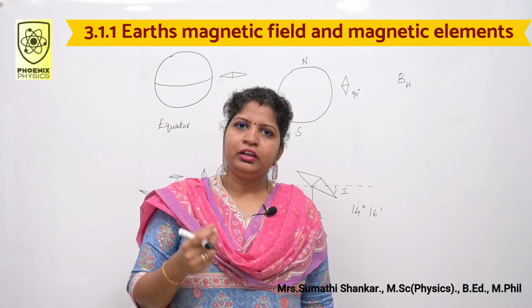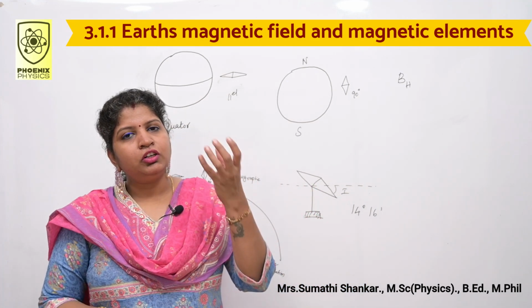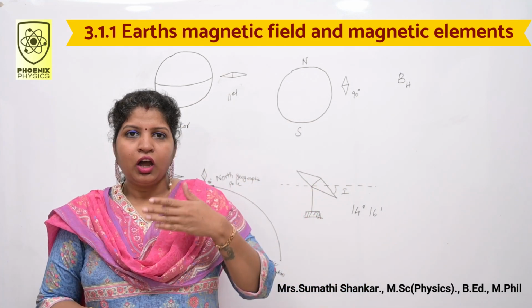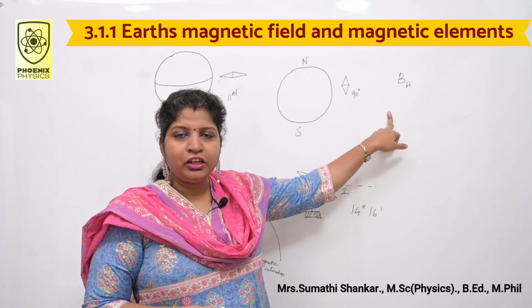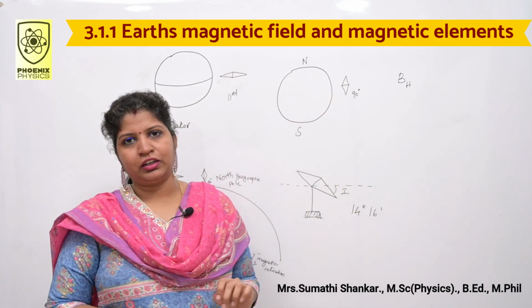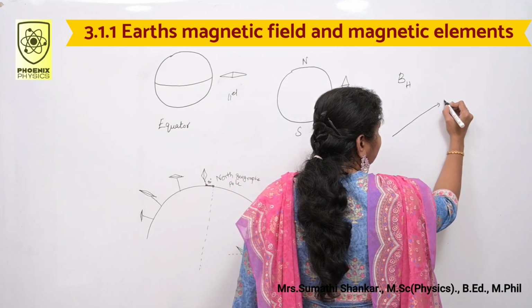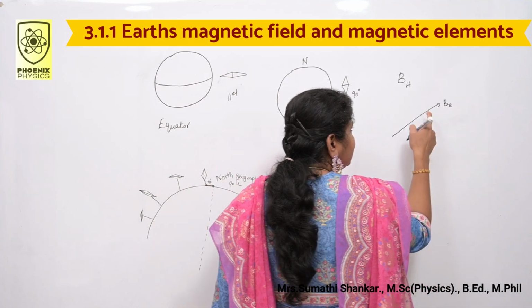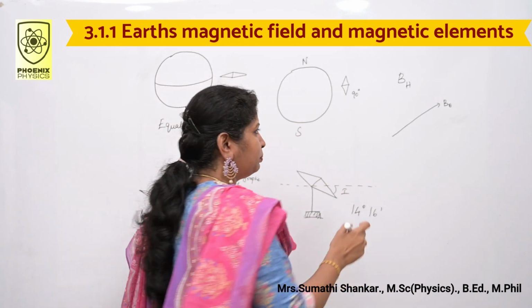How do you define horizontal component of earth magnetic field? The component of earth magnetic field along the horizontal direction in the magnetic meridian is called horizontal component of earth magnetic field. See, this is our magnetic field of the earth. This magnetic field is resolved into two components.